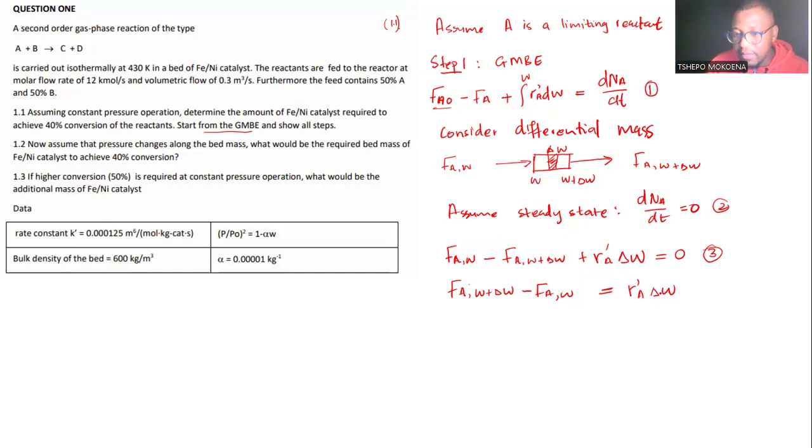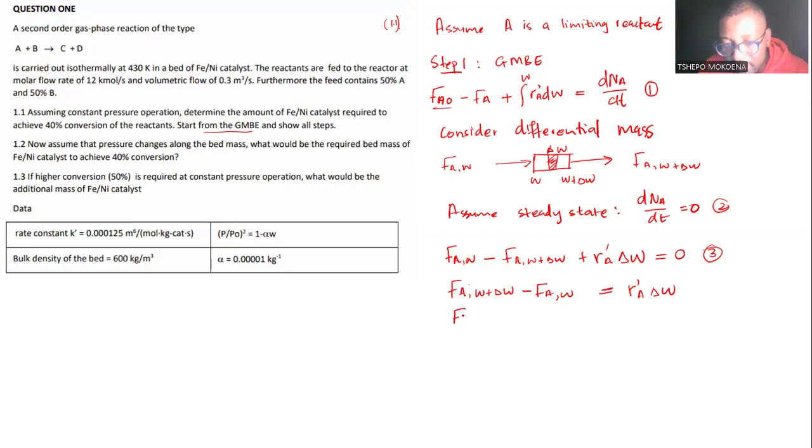And then I divide both sides by change in W, because that's the one that is changing, and we can see that even here, the molar flow rate is also changing. That's why those variables that change, I put them on one side.